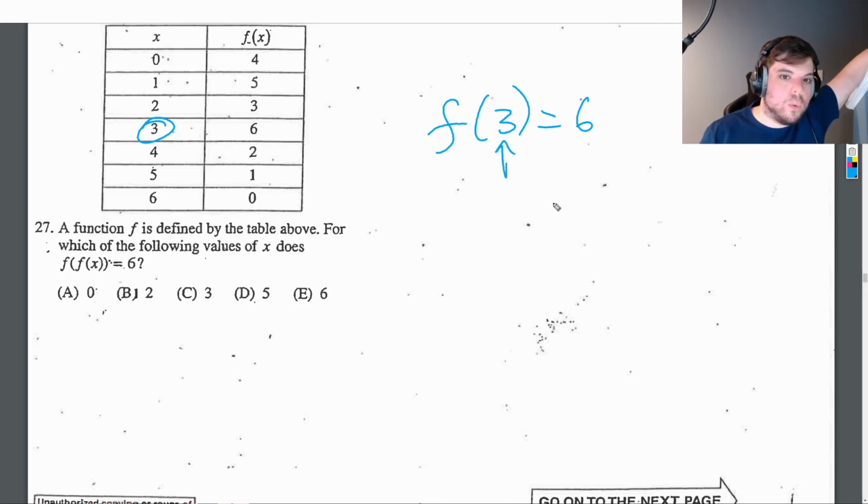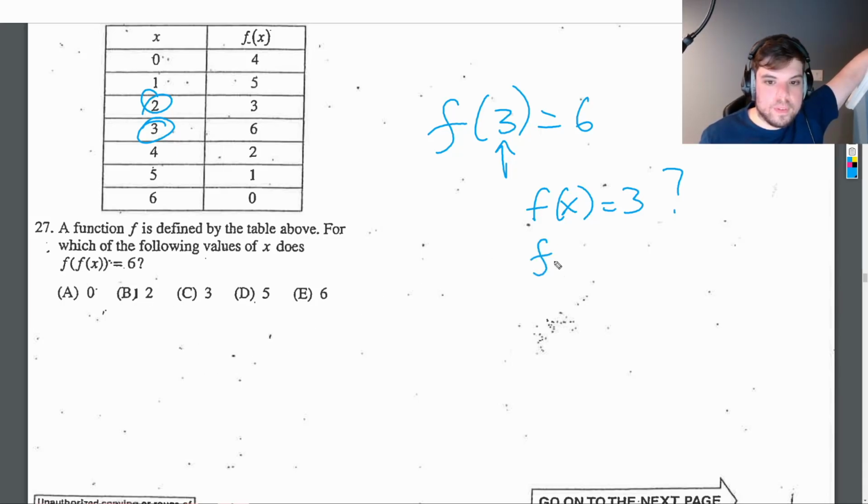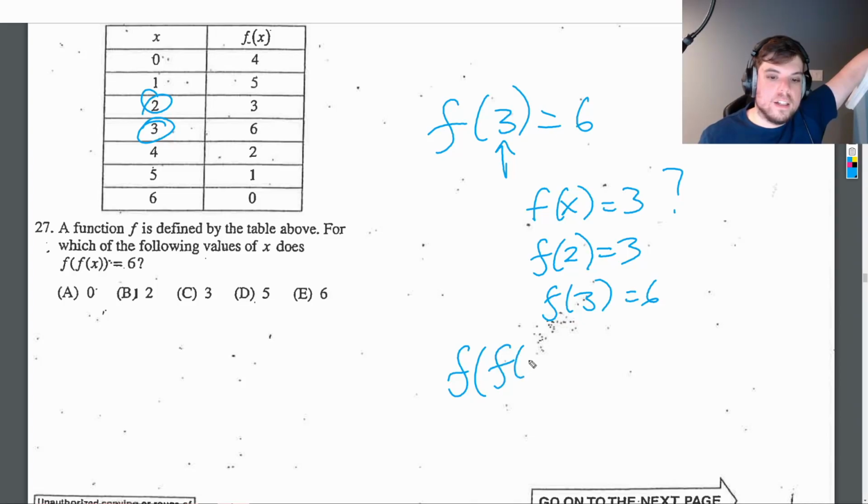Now, when does f of x equal 3? Because then we'll be able to plug that in for our f of x. Well, that's at 2. So f of 2 equals 3, and f of 3 equals 6. So f of 2 has to equal 6, which means that our answer is 2, B.